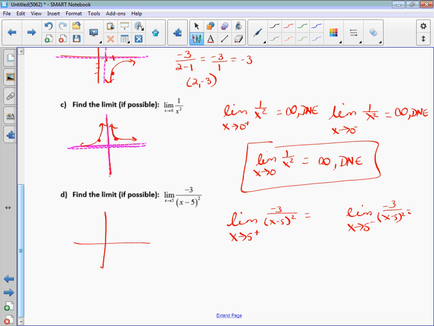Guys, don't forget to actually do the limit statement. I'm not just writing this because I think it's really fun to write this. This is a part of your answer, okay?